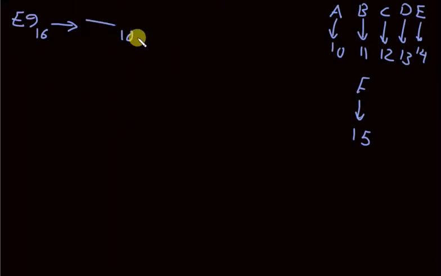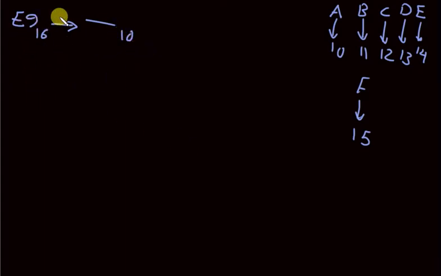So the way to do it, well, there are a couple of ways to do it. You can either divide this by 10, as we see in the other video, or the easiest way, which I'm going to do here, is to convert this to binary and then convert your binary number to your decimal number.